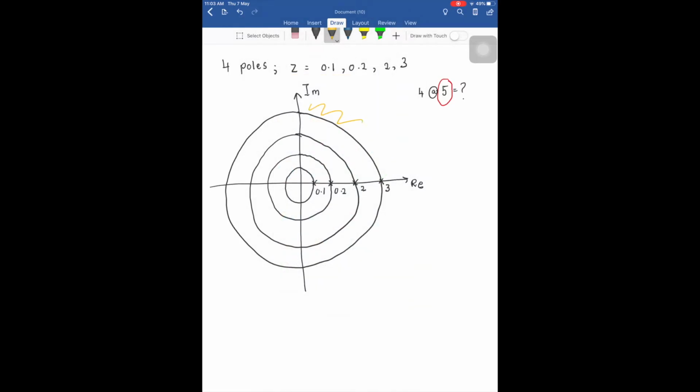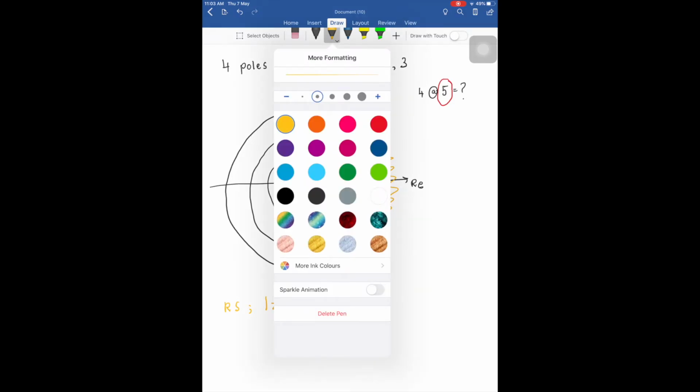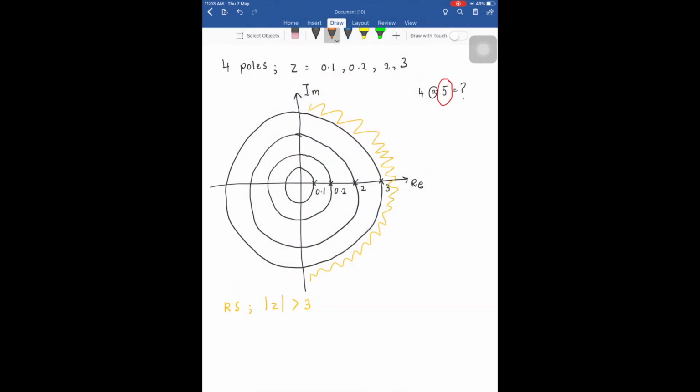Right-sided is the region outside the outermost pole, so right-sided is modulus z greater than 3. Left-sided is the region inside the innermost pole, so modulus z less than 0.1.